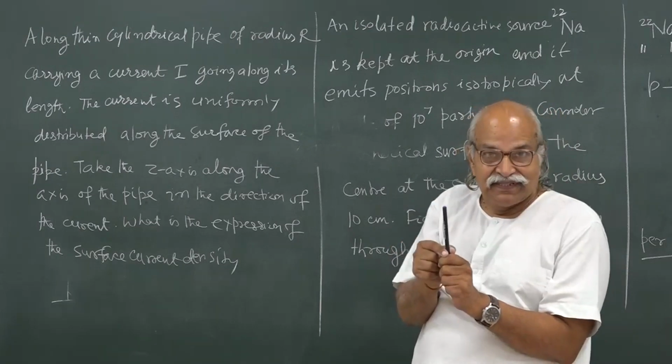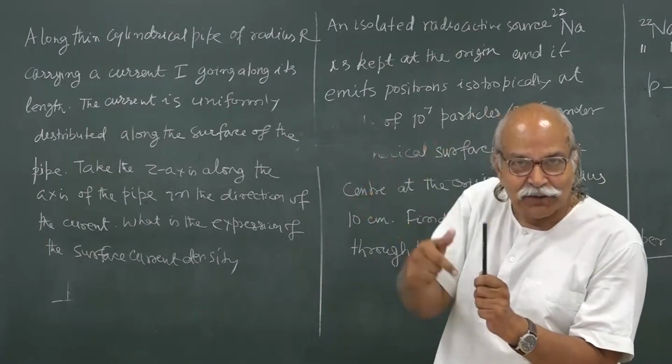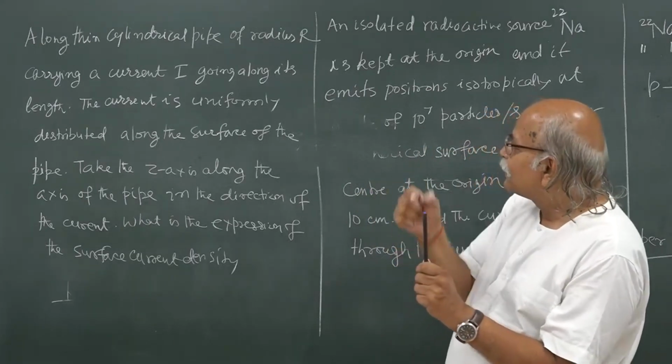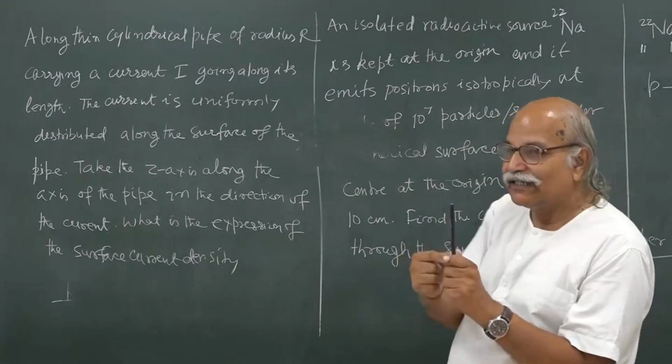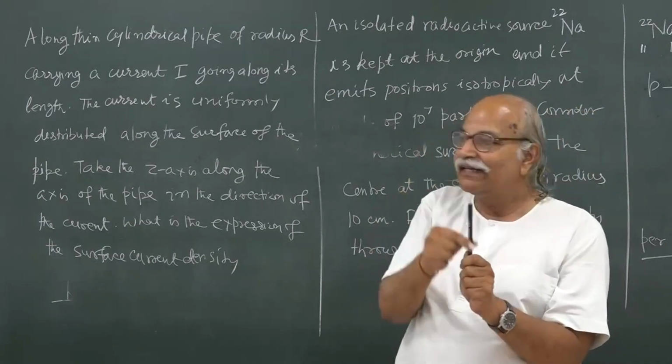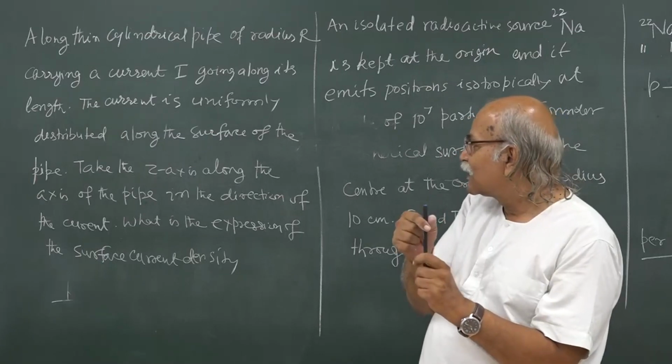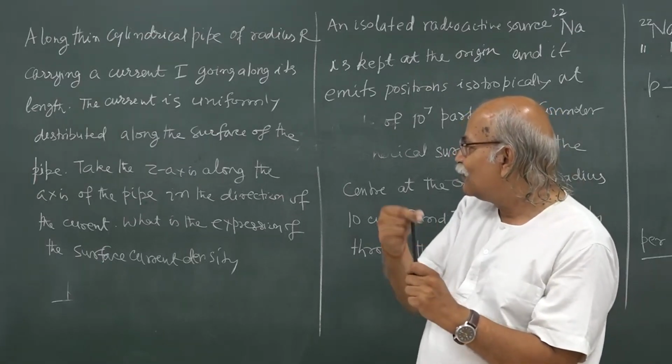It is a pipe, so inside is just hollow. So, the current is going on the surface, along its length like this. The total current is I, and it is distributed along the surface of the pipe uniformly.